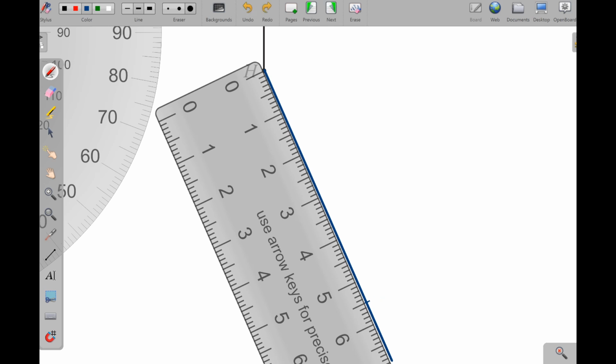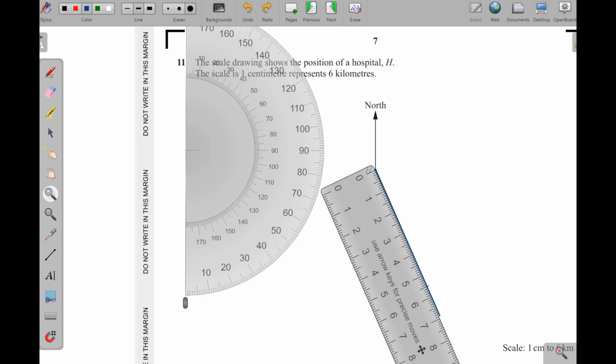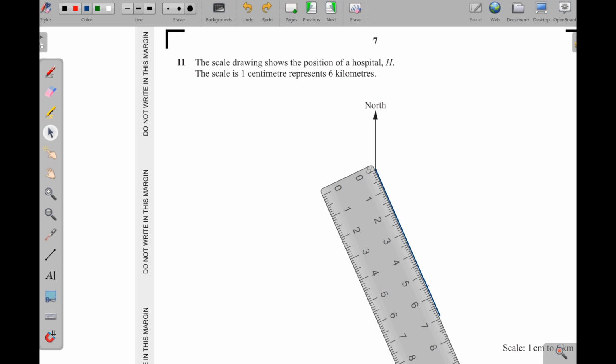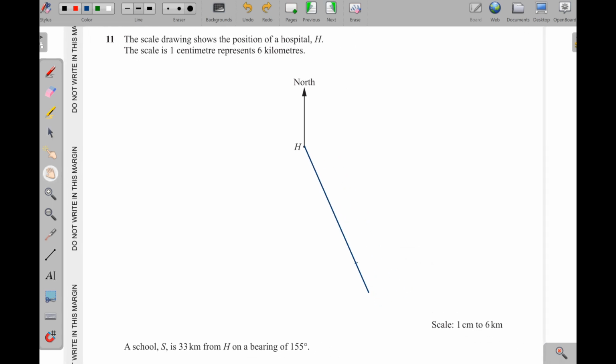So now I can remove my ruler, and pardon me here. I can even take off the ruler and then the protractor. Then at that point, that is where we are having the S, okay?